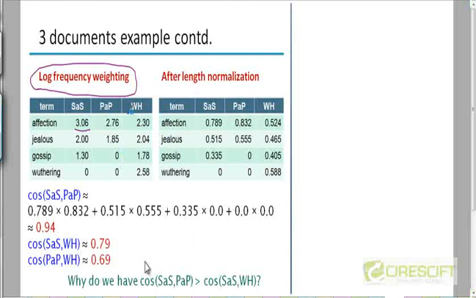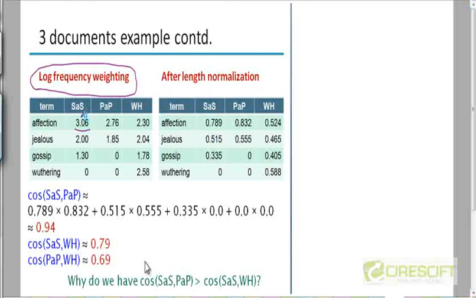Now, if we want to compute how close these points are to one another in v-dimensional space, we'll have to do length normalization also. Of course we could directly compute the angles between the three vectors, but let's just assume that we are going to first do length normalization before taking the cosine scores.